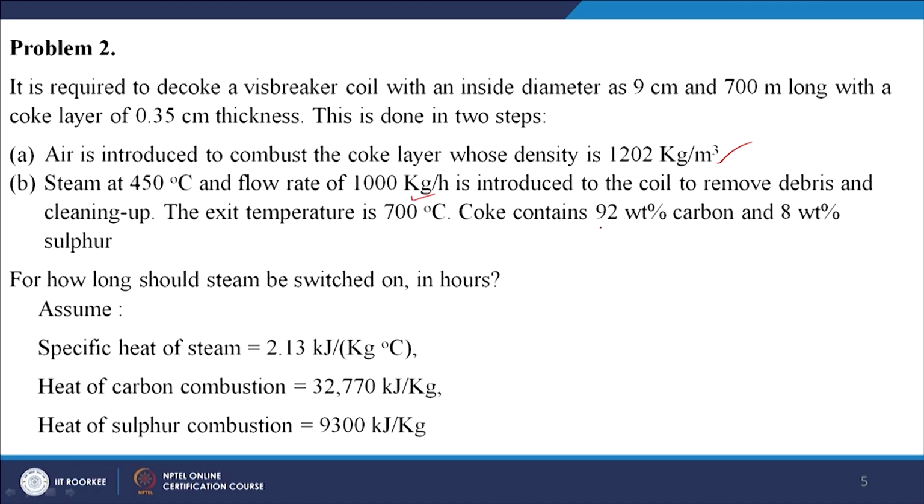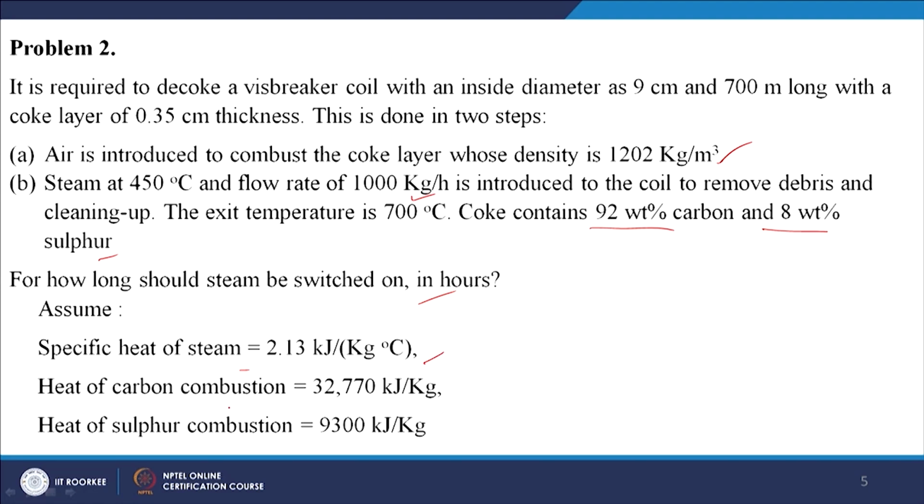Coke contains 92% carbon and 8% sulfur. So, these are the data provided. Then for how long should steam be switched on, in hours? We can assume that the specific heat of steam is 2.13 kilojoule per kg per degree centigrade.